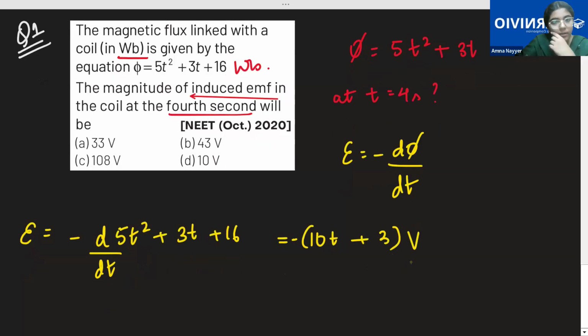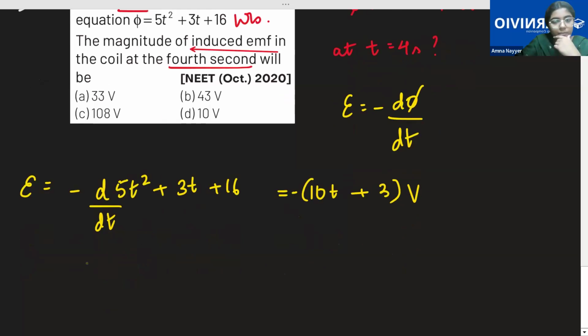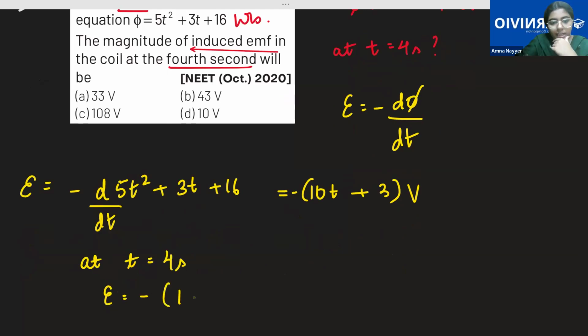Now you have to calculate it at 4 seconds, so put t is equal to 4 seconds. E will be minus of 10 into 4 plus 3, that is 40 plus 3, which is minus 43 volt.